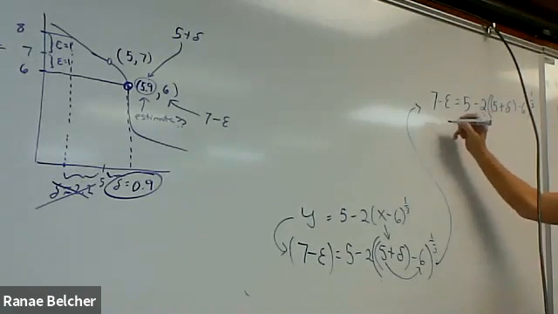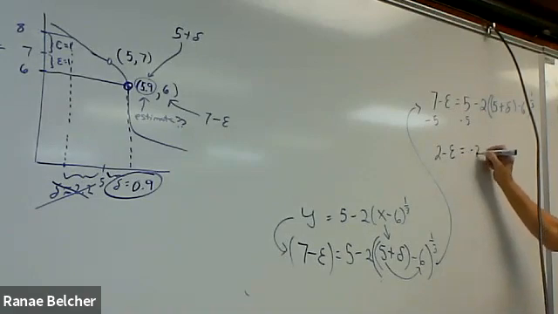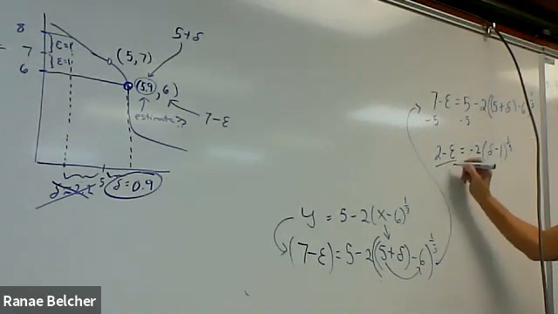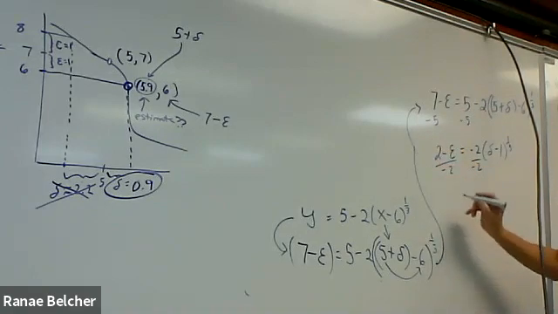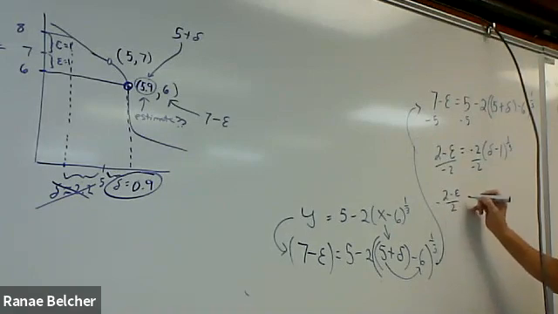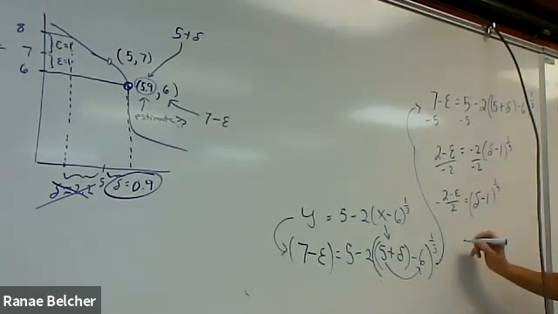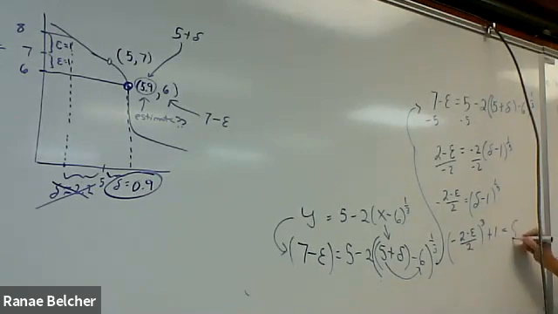I'm going to subtract 5, and I get 2 minus epsilon. Negative 2 minus epsilon over 2 equals the cube root of... negative 2 minus epsilon over 2, cubed, plus 1 equals delta.